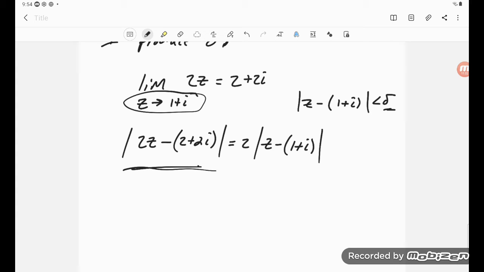Okay. So I need to make this less than delta. And so I'm going to say this is less than 2 times the delta I pick, because I'm going to choose it less than the delta I pick.